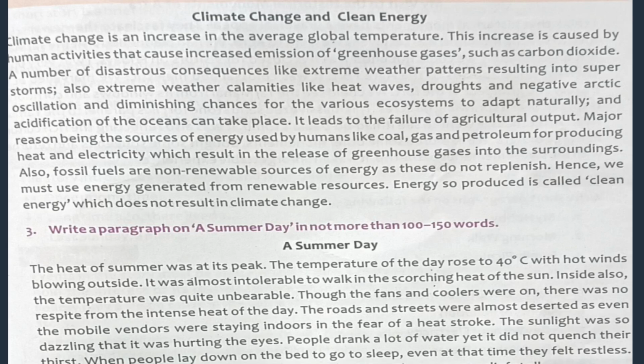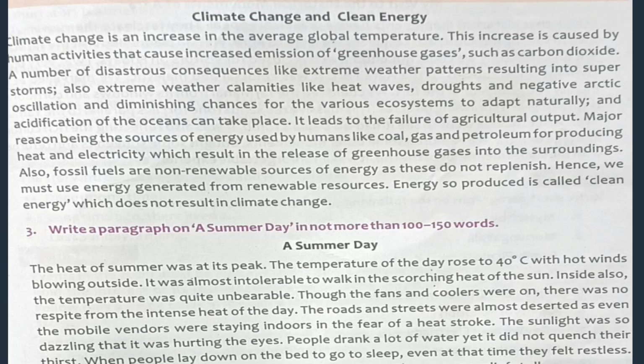to the topic, such as carbon dioxide, a number of disaster consequences like extreme weather patterns resulting in superstorms, also extreme weather calamities like heat waves, droughts, and negative Arctic oscillation, and diminishing chances for the various ecosystems to adapt naturally, and acidification of the oceans can take place.